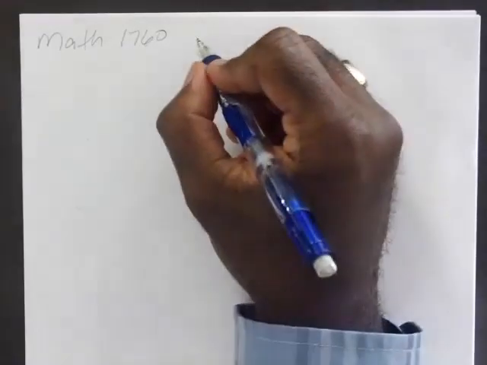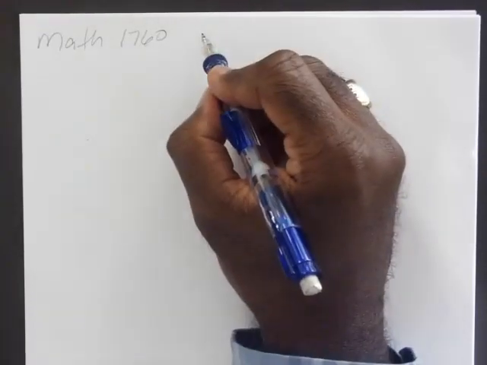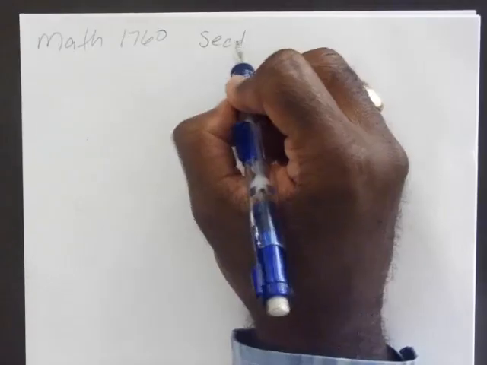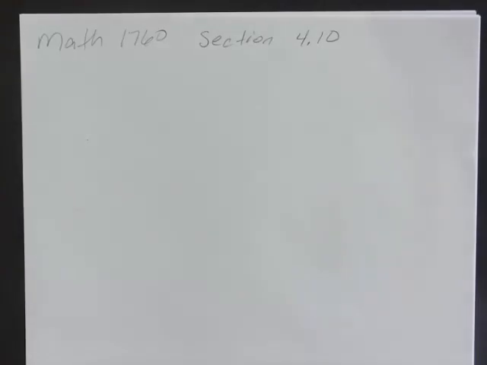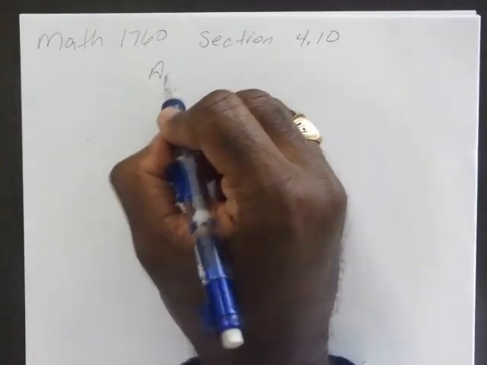All right. So we are going to go ahead and finish out chapter 4 by looking at section 4.10, which covers antiderivatives.